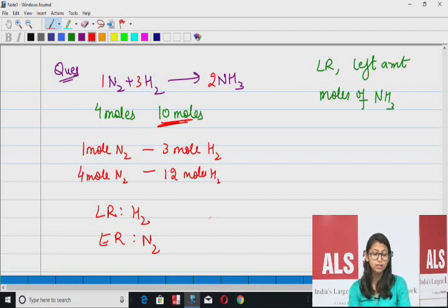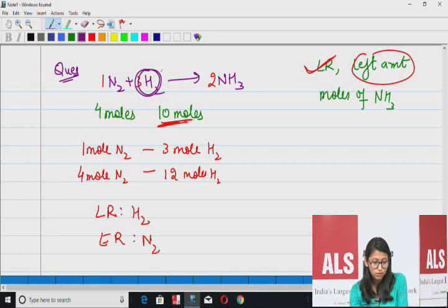Then how to find out? First of all, we'll find the left amount later on. So first of all, we have found the answer for LR, right? Now I have told you that once you get the LR, everything will be ruled by the LR only. So the LR here is my H2. Now, let's find ammonia first.